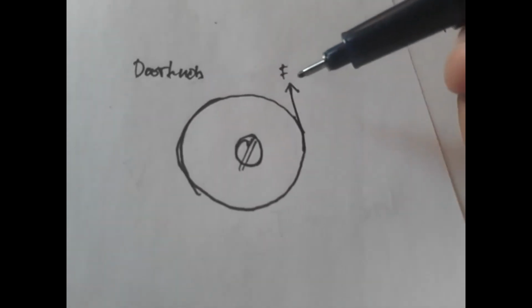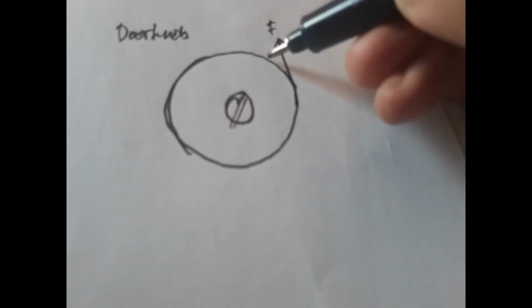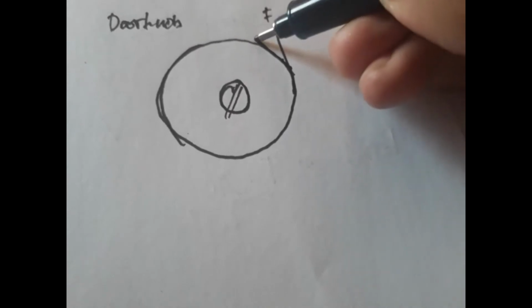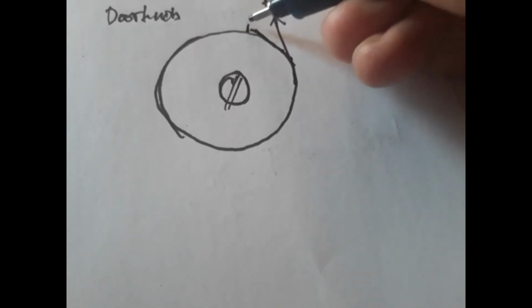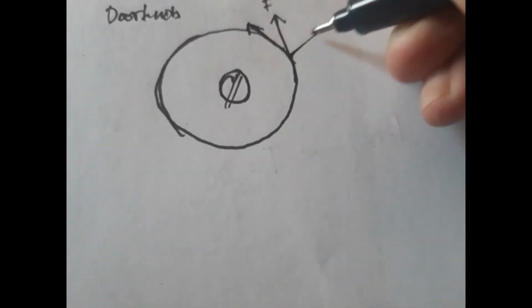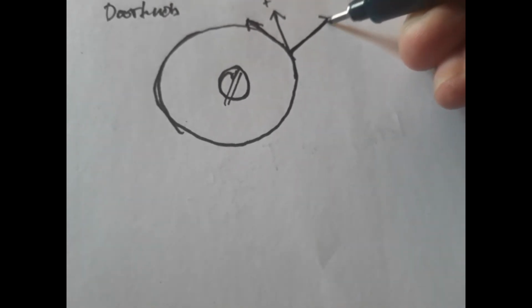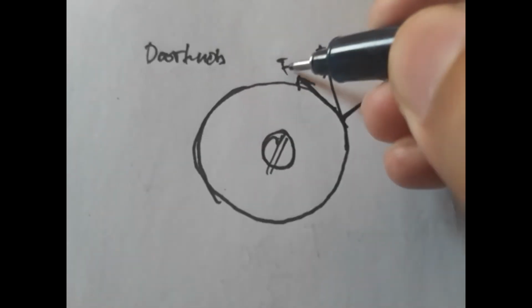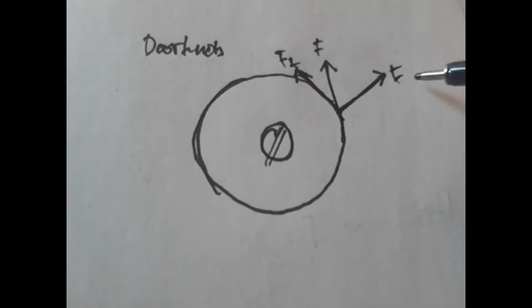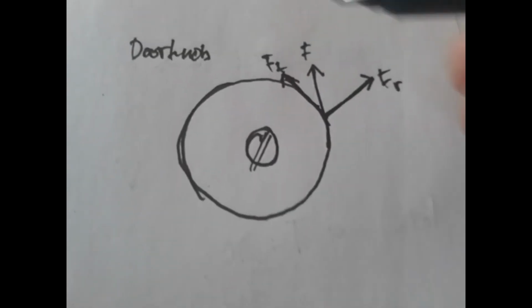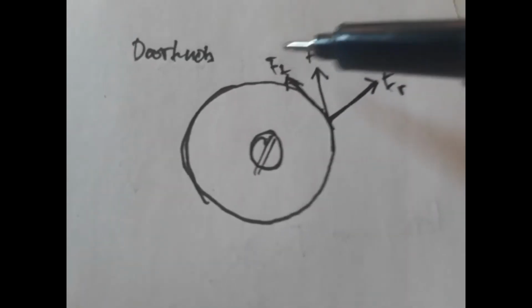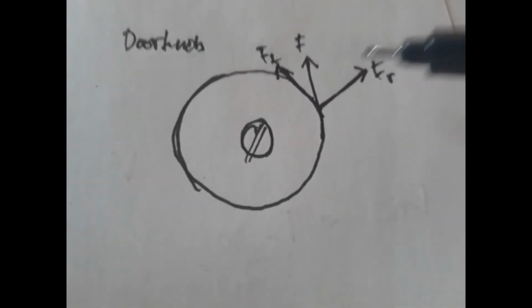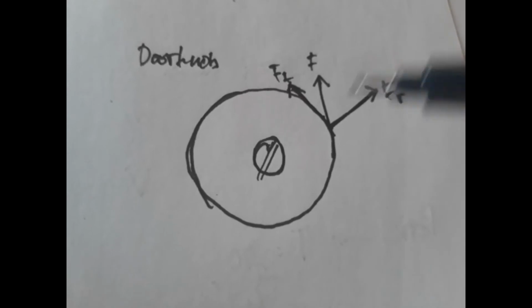Now the force can be divided into two: the one that is perpendicular to the radius, and the one that is straight along the radius. This one is called Ft, and this one is called Fr. Ft stands for force tangential and Fr stands for force radial.